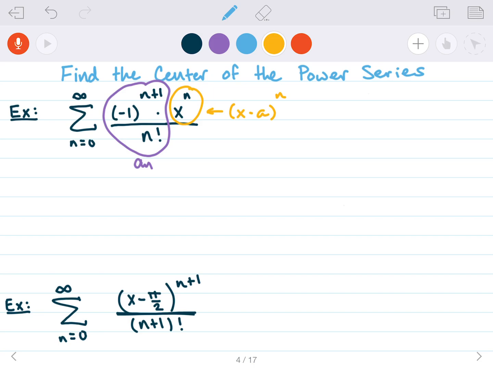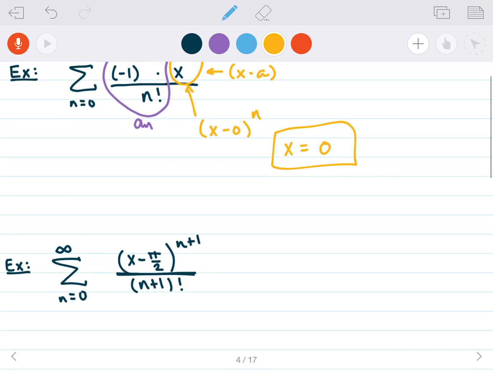Now notice that we don't have an a that we can see, but we can rewrite this as x minus 0 to the n, right? And if we set that equal to 0, well then, of course, we see that our center is going to be 0.